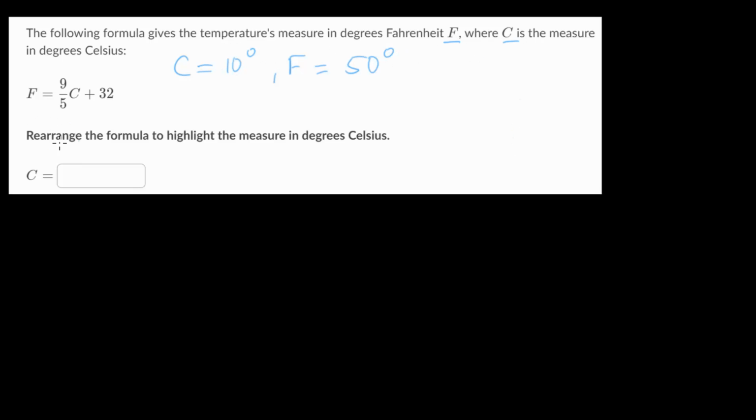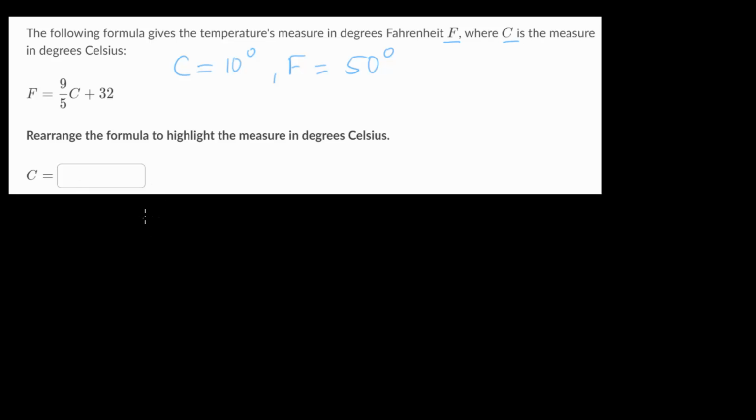So we need to rearrange the formula to highlight the measure in degrees Celsius, since in this form, it's useful if we know the temperature in degrees Celsius and we want to convert to Fahrenheit. But sometimes it would be useful to know it the other way. If we know the temperature in degrees Fahrenheit, we might want to know what it is in degrees Celsius. So we need to solve this equation for this variable c.